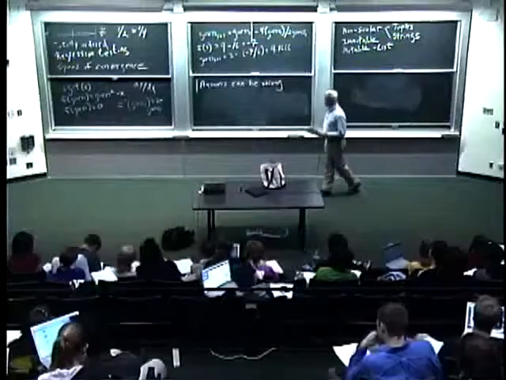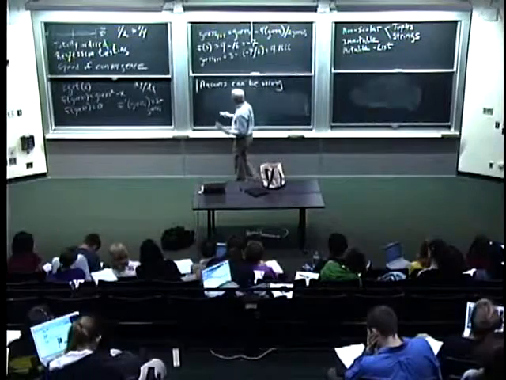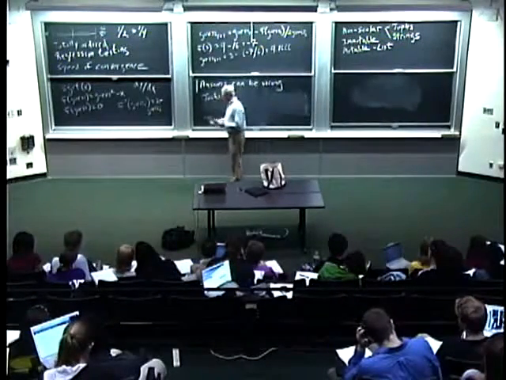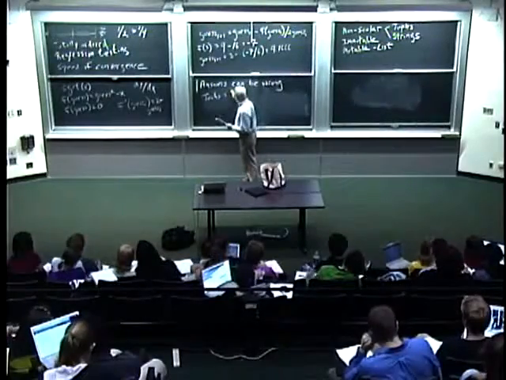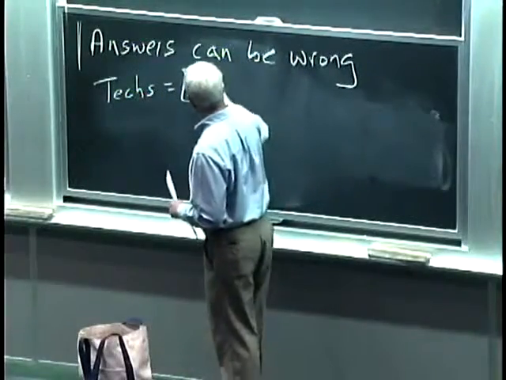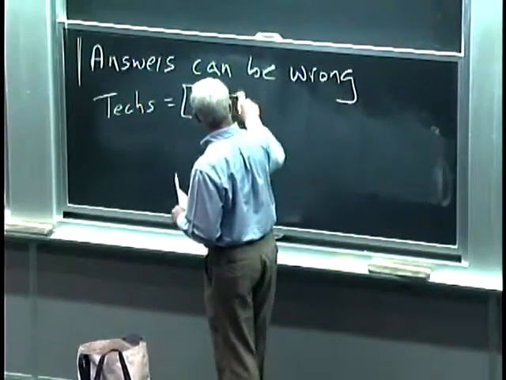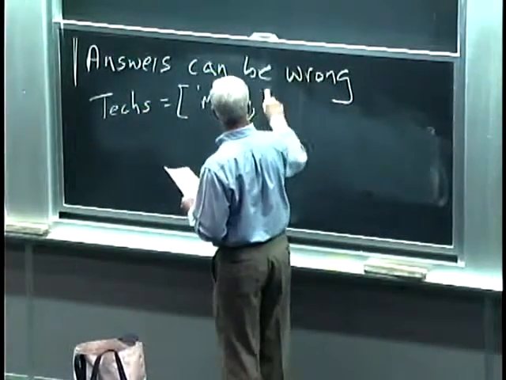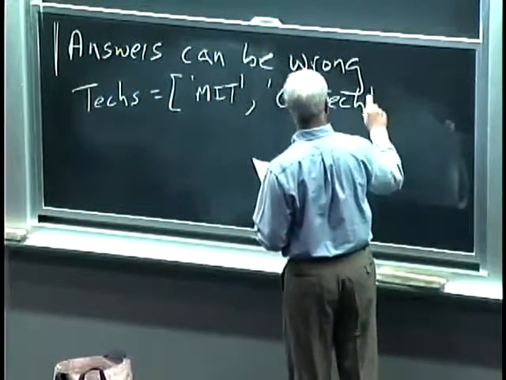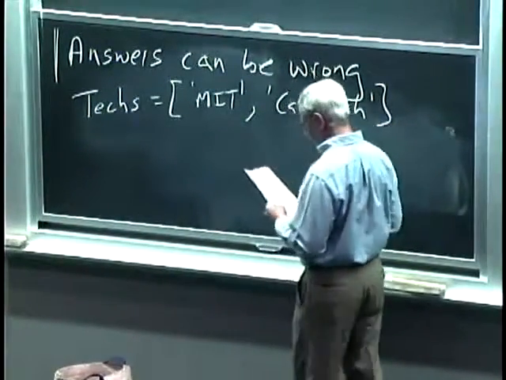So I could write a statement like tex, a variable, is equal to the list, written with a square brace, not a parenthesis, MIT, Caltech, close brace.